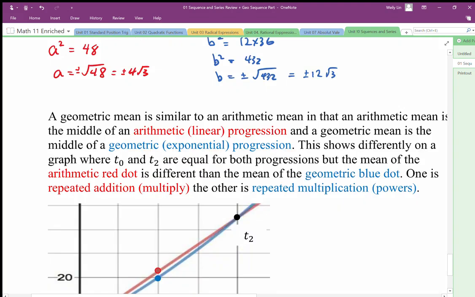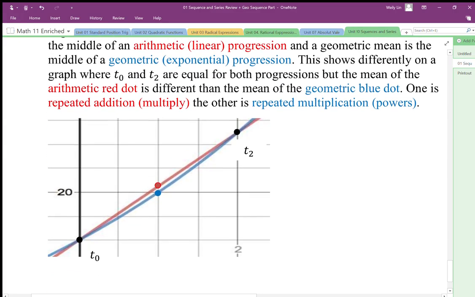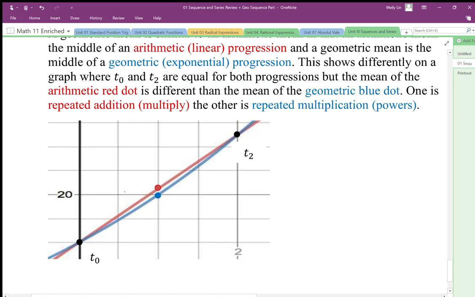So geometric means is similar to arithmetic means, but arithmetic means are for linear progressions, and geometric means are for geometric progressions. If I look at how it progresses, this red line represents an arithmetic sequence because it's a straight line, it's a linear equation, and it goes up by plus d, plus d.